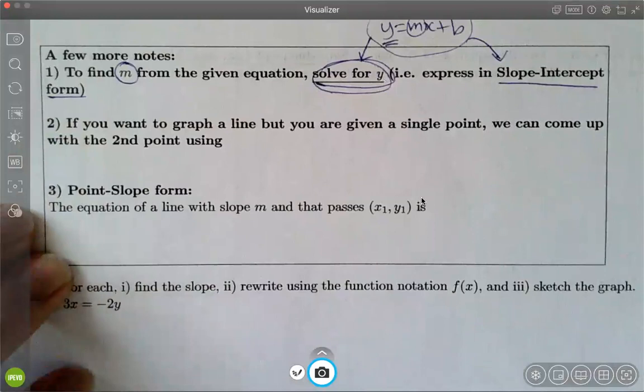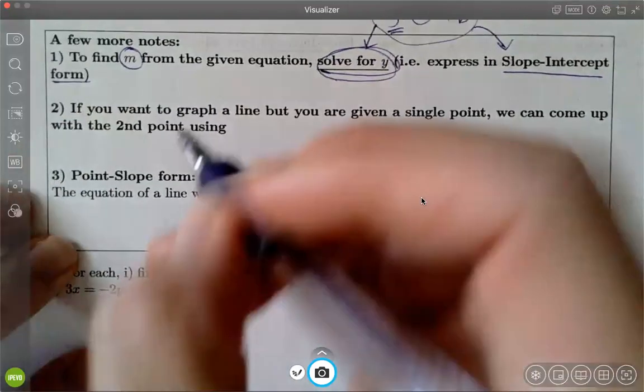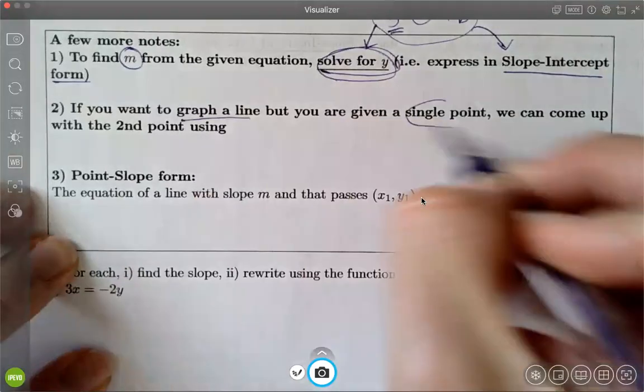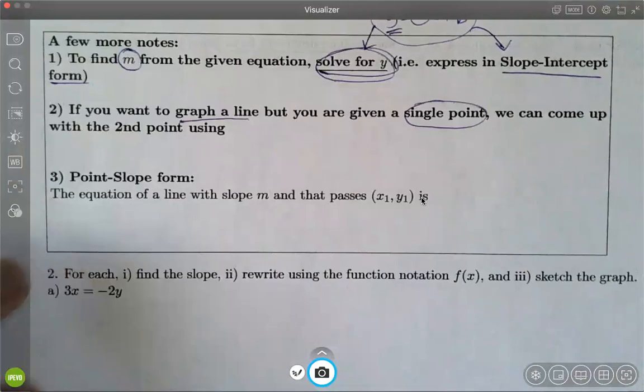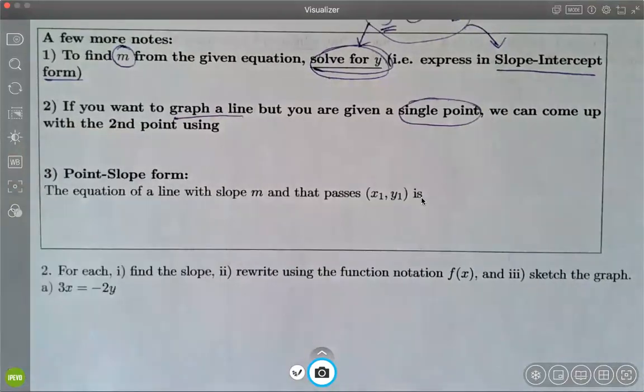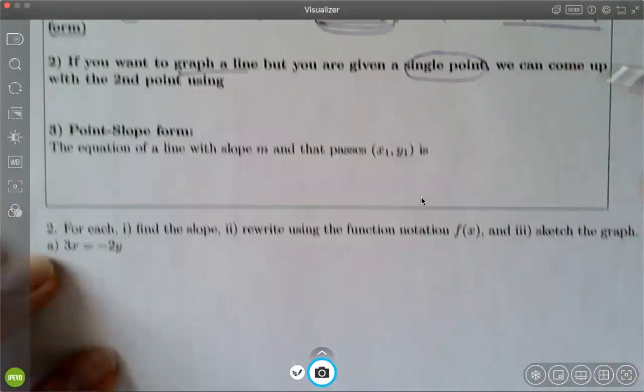And now, if you want to graph a line, but you only know one point, okay? Now, some people ask, well, you just said earlier that we need 2 points, not 1 point, right? But if you are given a point, you'll be given something else. That is the slope.